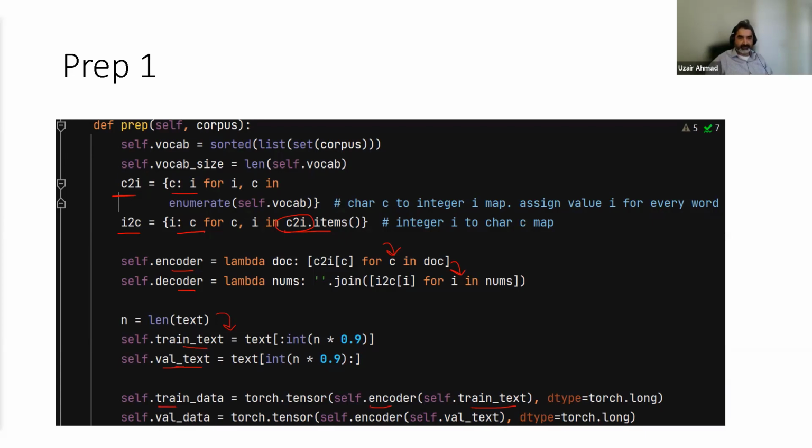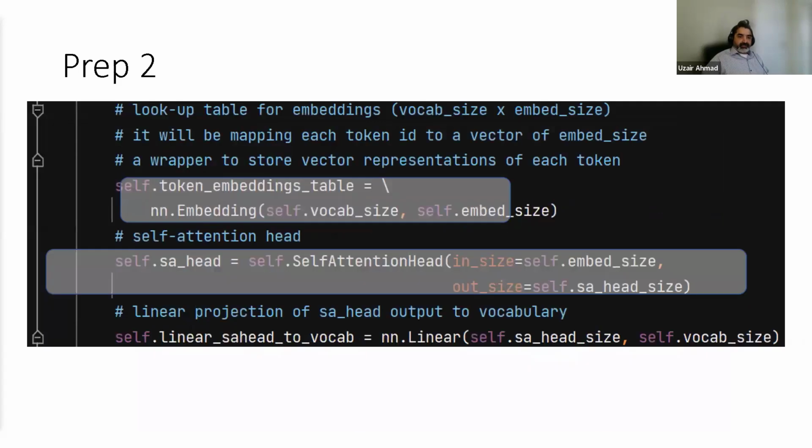We call it train data. Same we do with the validation data. This much we did with the previous model as well when we were training the bigram model. What's different? The difference is that previously our embedding was vocabulary by vocabulary size, but today we are going to have an embed size, which is considerably small compared to the vocabulary size.